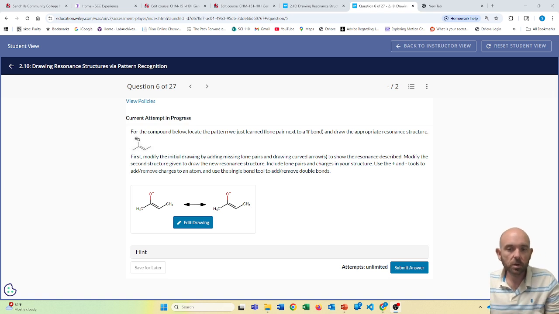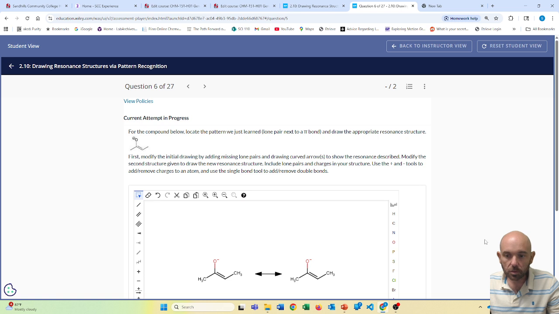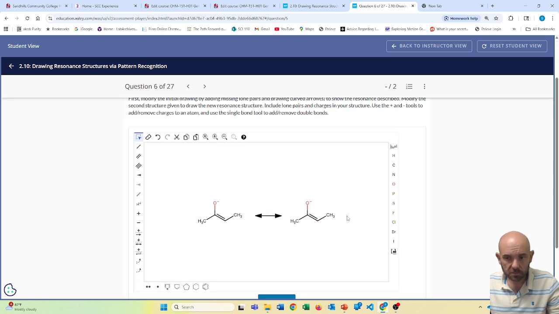In this question, we again have lone pair next to a pi bond. We are asked to draw the new resonance structures in this one. So in this case, we are going to have to modify this molecule here. So we'll want to keep in mind where our lone pairs are. That negative formal charge oxygen is going to have 3 lone pairs, and one of those lone pairs is going to move to form a pi bond with the carbon that it's bonded with.